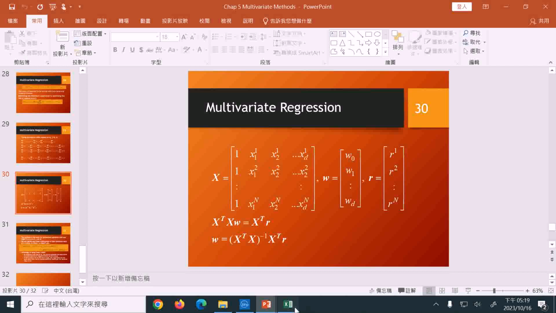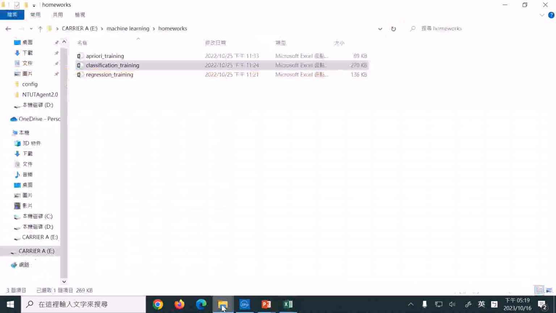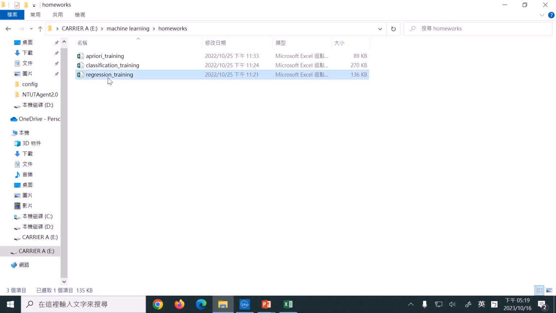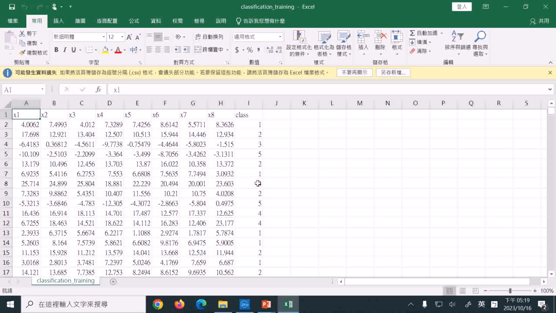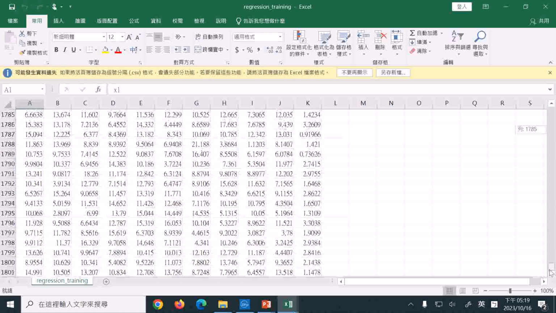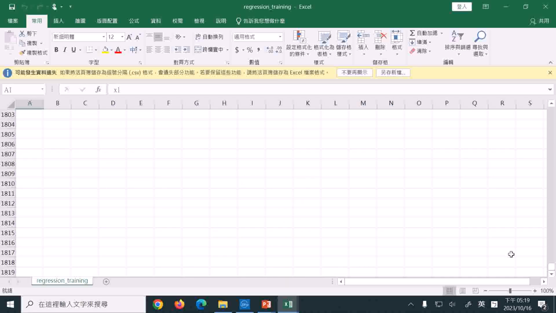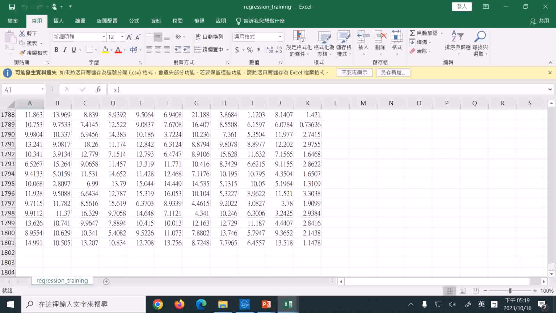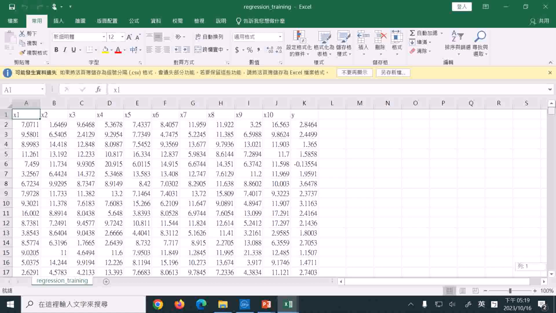Take this as an example. Okay, so see, here we have 1800 data. So capital N is 1800.